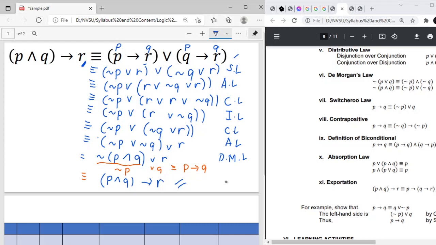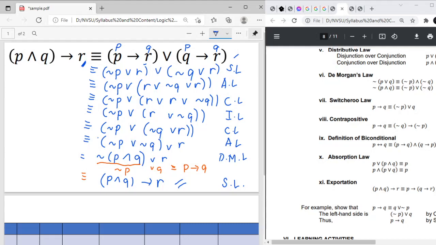That is by using, anong ginamit natin dito? Switcheroo law. That is switcheroo law. Thus, we have shown that P and Q implies R is logically equivalent with P implies R or Q implies R. So that is by using the different laws.